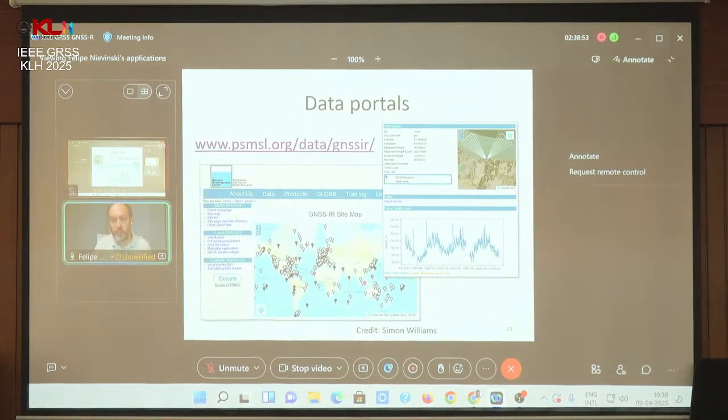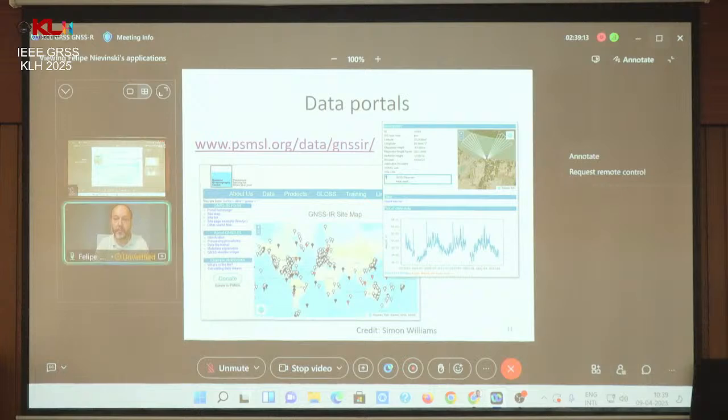This is the main data portal that you can visit to see all the continually operating reference stations that are useful for water level sensing. These are put together by Simon Williams.